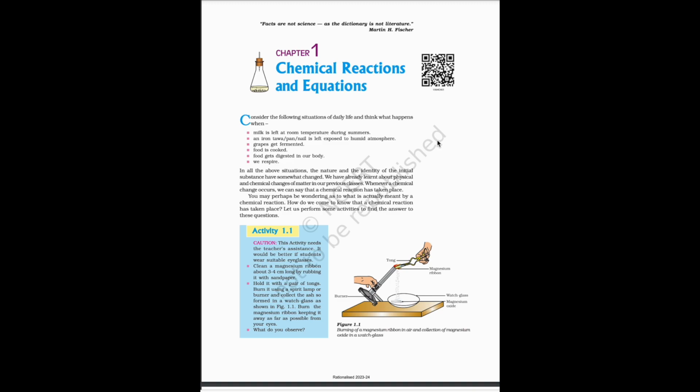Whenever a chemical change occurs, we can say that a chemical reaction has taken place. You may perhaps be wondering as to what is actually meant by a chemical reaction. How do we come to know that a chemical reaction has taken place? Let us perform some activities to find the answer to these questions.